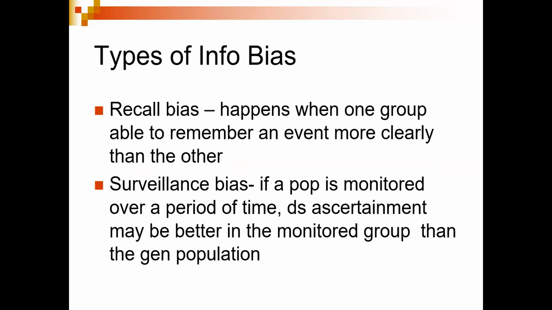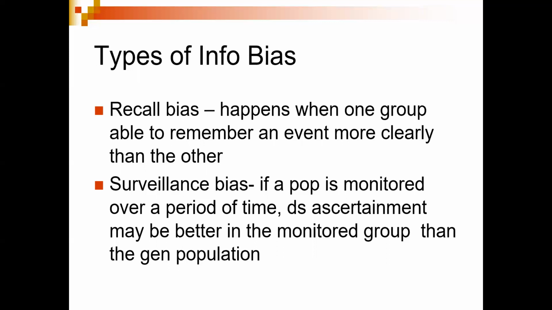What is recall bias? Just to recap from our example above, it happens when one group is able to remember an event more clearly than the other. I gave an example that usually if you're a victim, you tend to have a vivid experience of what happened, as opposed to someone who's not a victim.